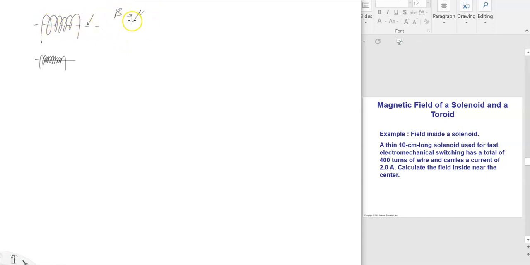B equals mu naught n I, with mu naught 4 pi times 10 to the -7. 400 turns per 10 centimeters, so n is 400 over 0.1. Current is 2 amperes. So let's do the math, see what we get.